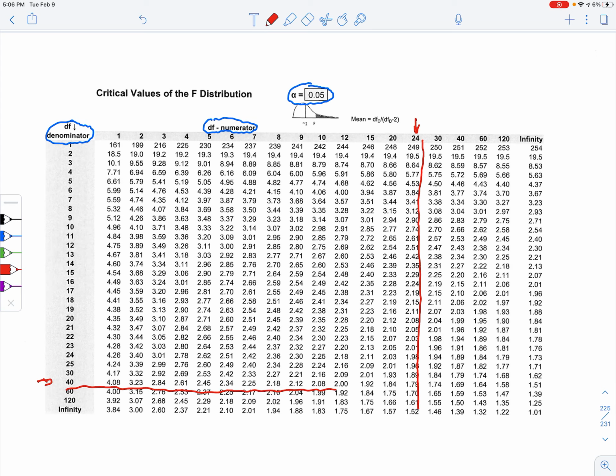And we're going to find it's right there, 1.79. That's the guy, right there, the intersection of 24 and 40. And that's for an alpha over 2 in our case of 5%. So that is our upper tail value.